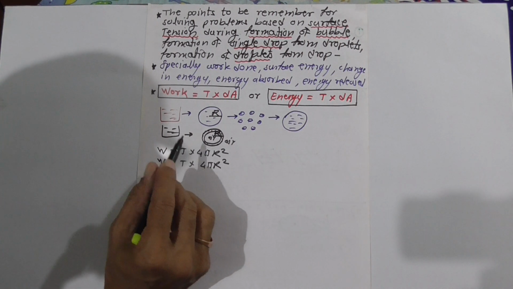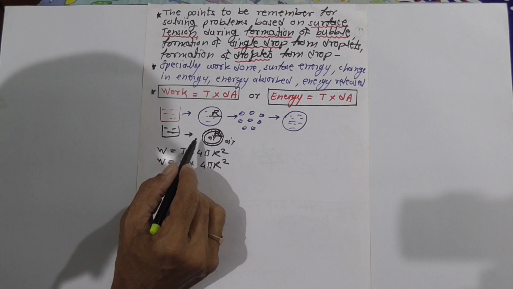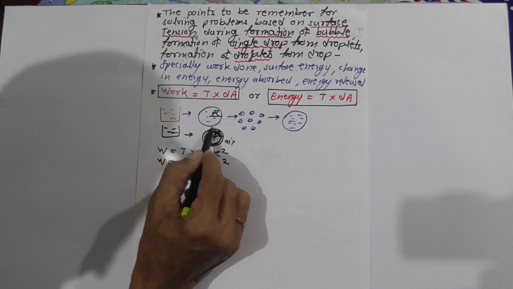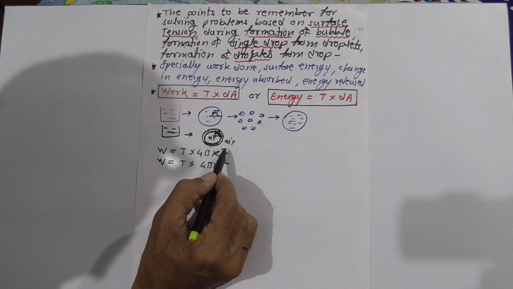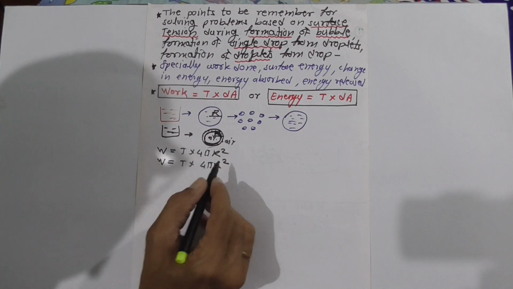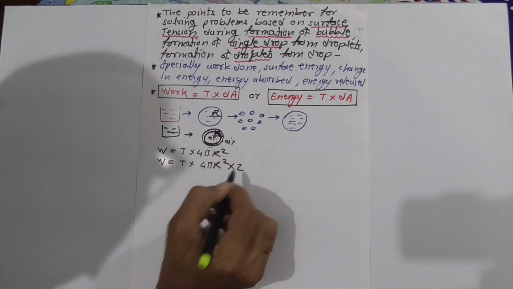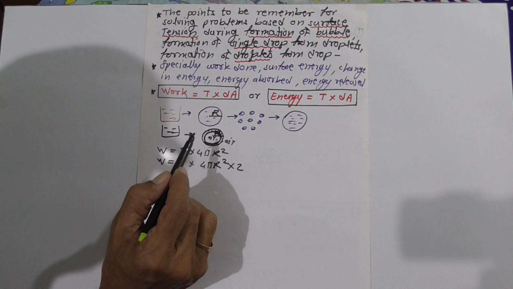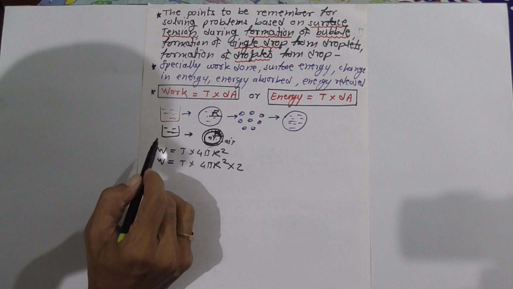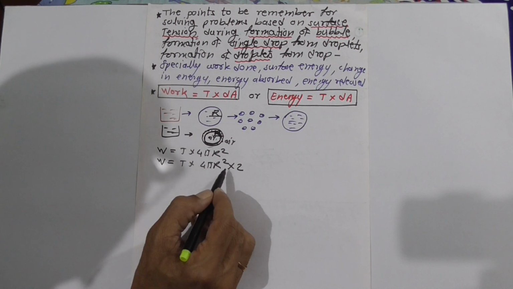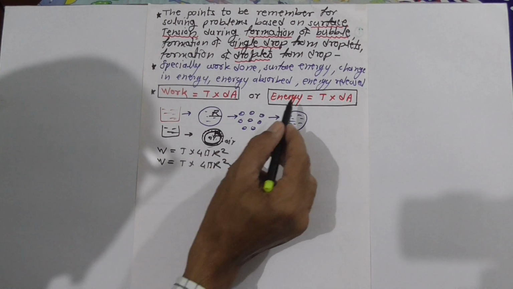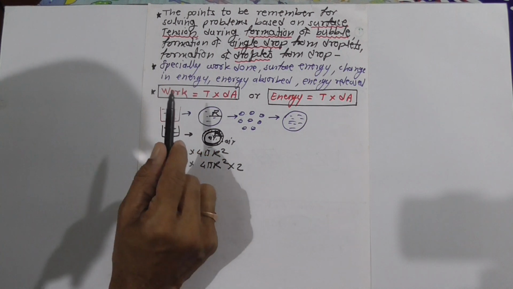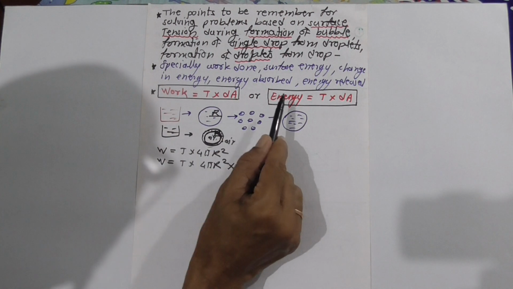But this soap bubble consists of two surface areas: the inner area within which there is air and the outer surface area outside which there is air. Therefore you have to take 2 times 4 pi R square. So this is the final expression for formation of a single soap bubble from the soap solution: W equal to T into 4 pi R square into 2. The same is the surface energy, E equal to T into 4 pi R square into 2, because the expression for work done and the expression for energy are the same.